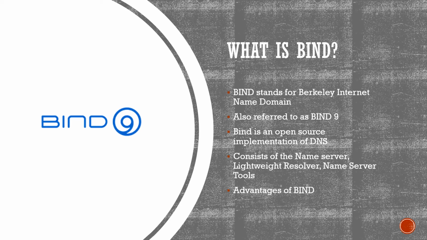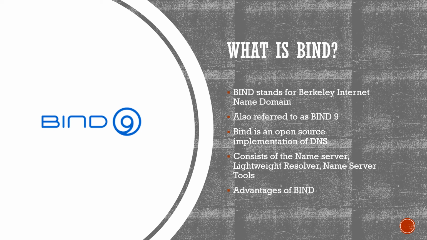Bind can be used to run a DNS server or an authoritative server and provides features like load balancing, notify, dynamic updates, split DNS, etc. It also consists of 3 server parts: the name server, the lightweight resolver, and the name server tools. There are a couple of advantages of using Bind as well.